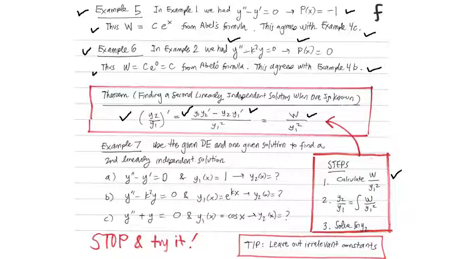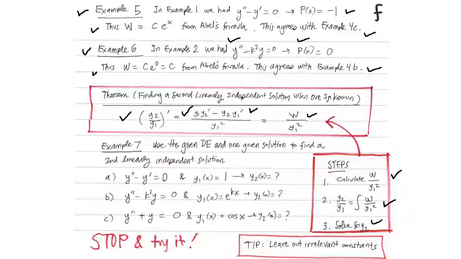So y2 over y1 would just be the integral or antiderivative of that. If we can do that integration, that will give us a known expression for the ratio y2 over y1, and then we just solve that for y2 to get our linearly independent solution. So that's the procedure in terms of applying Abel's formula and the identity in the theorem up above.